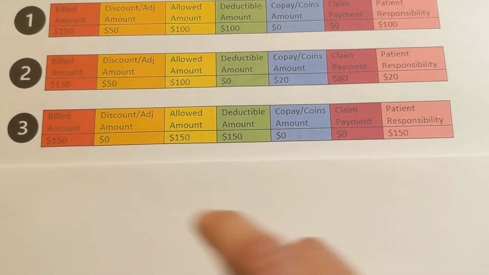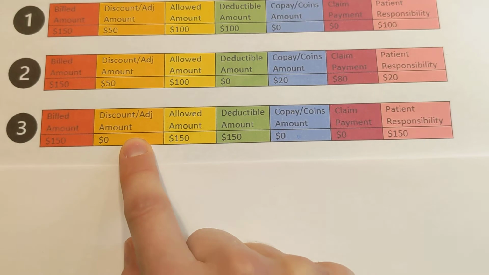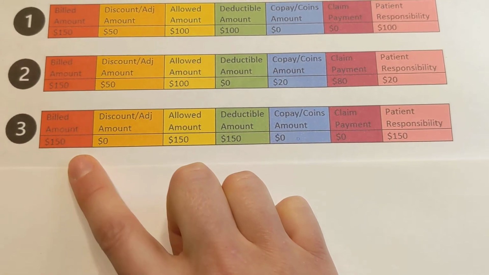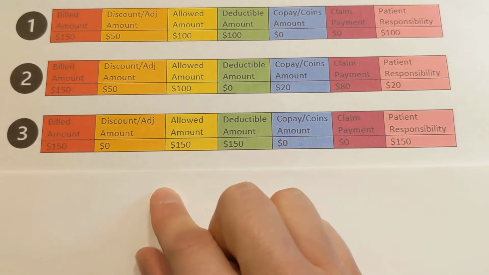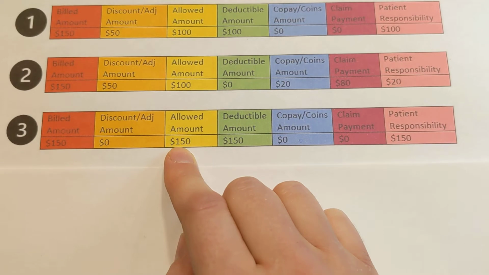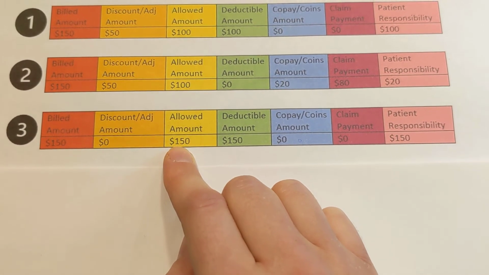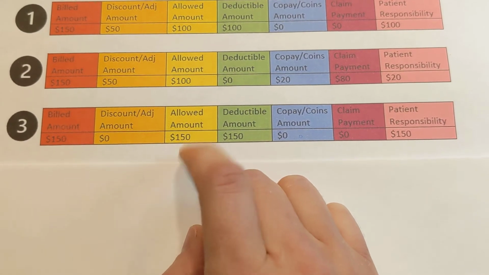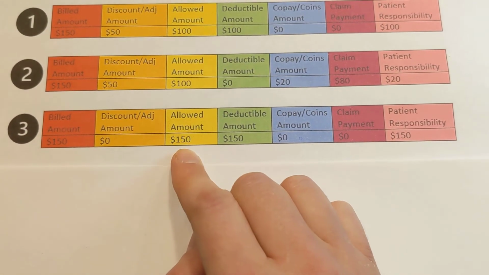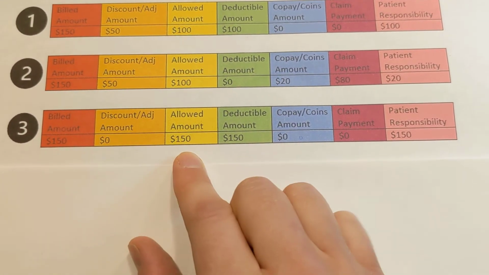In this scenario, you can see that the discount is $0. There's no discount. They didn't use an in-network provider. So they have $150 as their billed amount, and the allowed amount is also $150 because, maybe they do have insurance, and that insurance company probably has a contracted rate for that service. But if you're not using in-network, it doesn't apply. So again, that full 150.